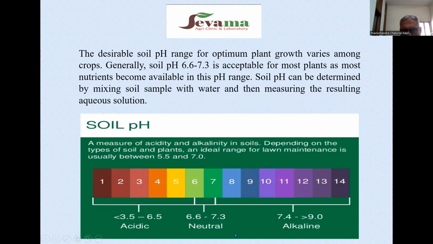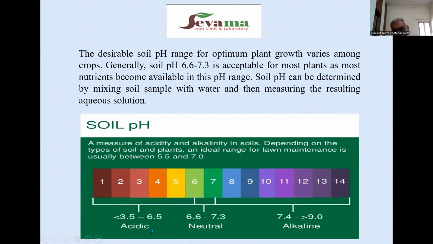Here in neutral pH, the majority of the nutrients are available. When there is alkaline pH, 7.4 to 9, it is alkaline. You can observe this in saline alkaline soil, and in alkaline soil, sodium is dominant. In acidic soil, pH is from 3.5 to 6.5.